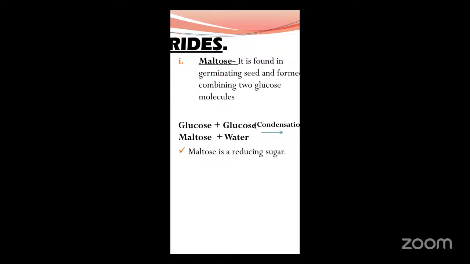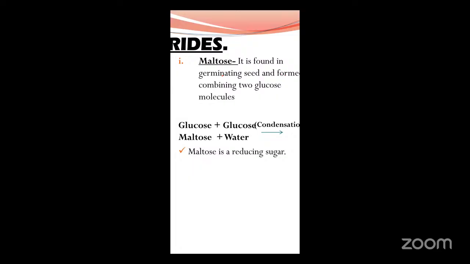So when we have two molecules of glucose combined together, they give you maltose. So when they give you maltose, you can actually break down maltose into respective molecules of monosaccharides that had been combined to form maltose. So in as much as we're saying we can combine two molecules of glucose to form maltose through condensation, we can break down maltose into two molecules of monosaccharides through a process known as hydrolysis.